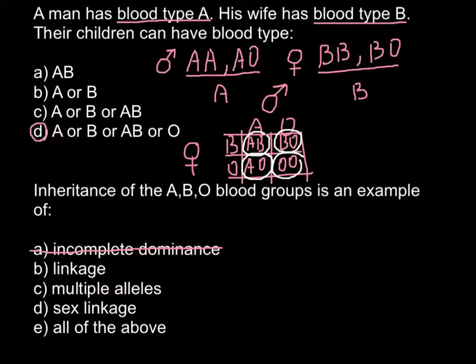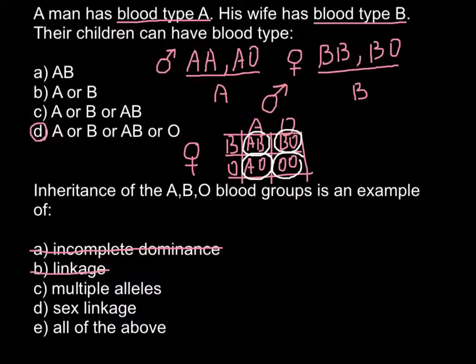And answer B, linkage, we have when two genes are on the same chromosome, and with linkage we can also tell how far these two genes are from each other, and this is also different. And answer D, sex linkage.